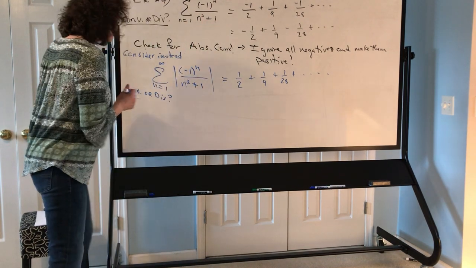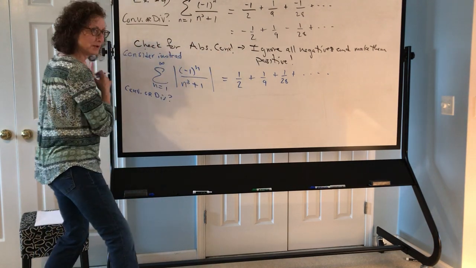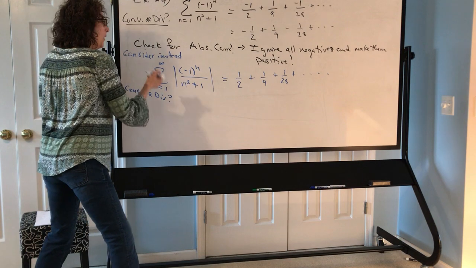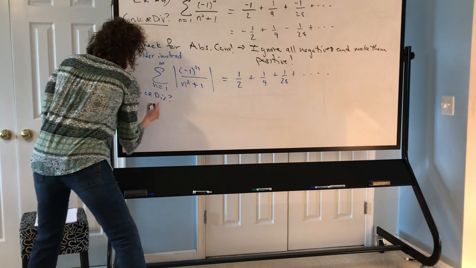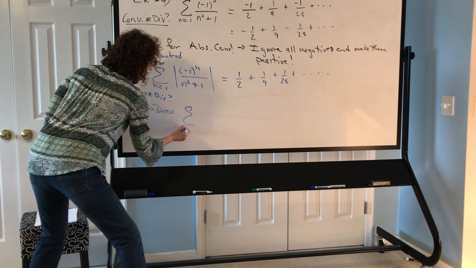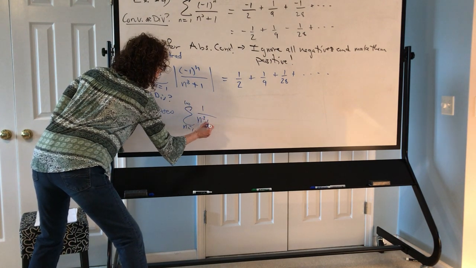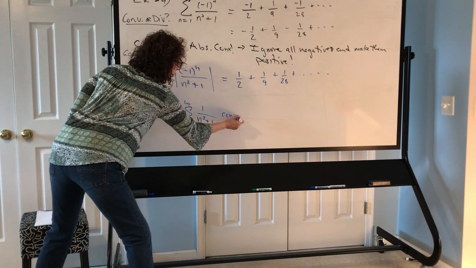So you don't have to get all crazy with absolute values. Ignore a variety of things that your book does with that. What are we really interested in? The question is, does the sum from n equals 1 to infinity of 1 over n cubed plus 1 converge or diverge?